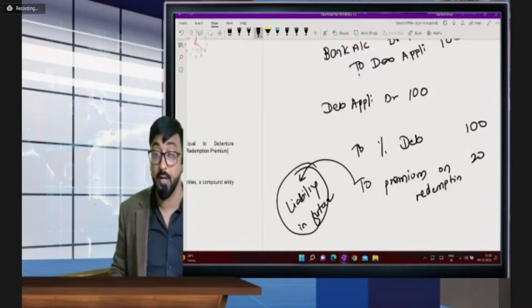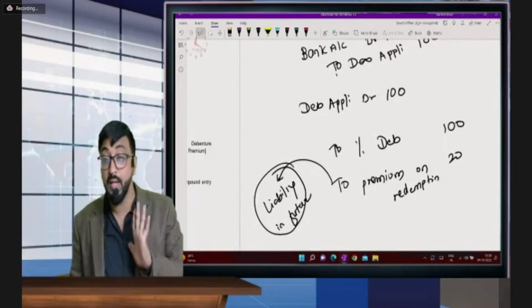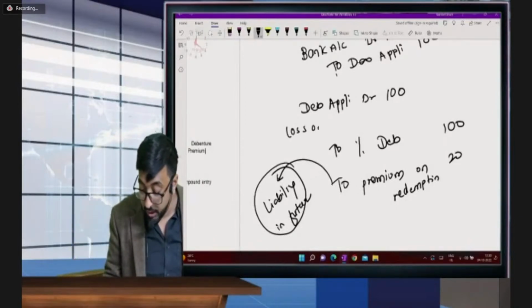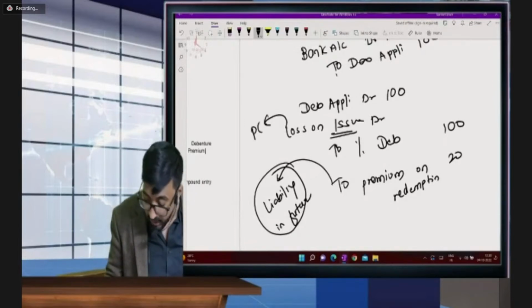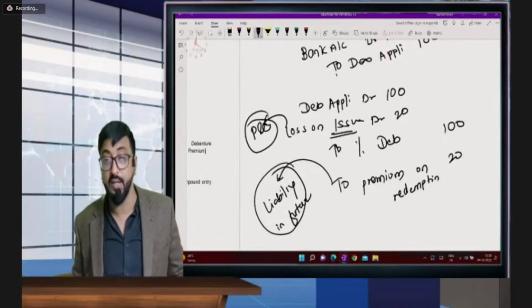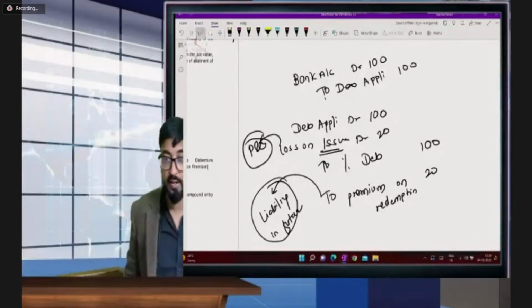Now, this is very important. Please try to write it and recall it. This is a chapter that needs revision. And loss on issue: this loss is transferred to P&L. Loss on issue, 20 rupees. Bank account debit to debentures application 100.